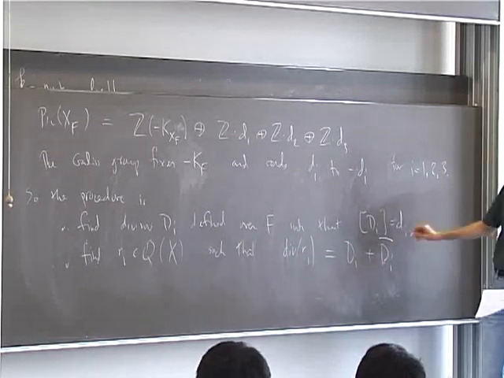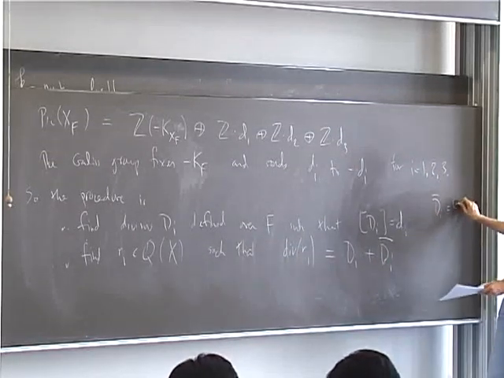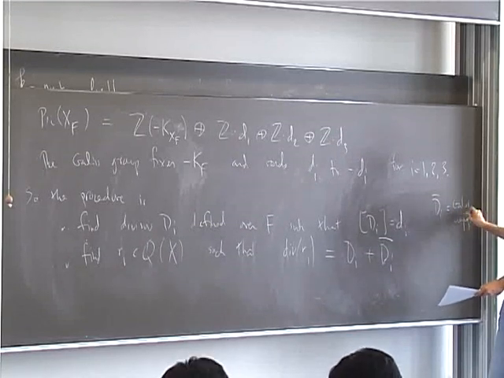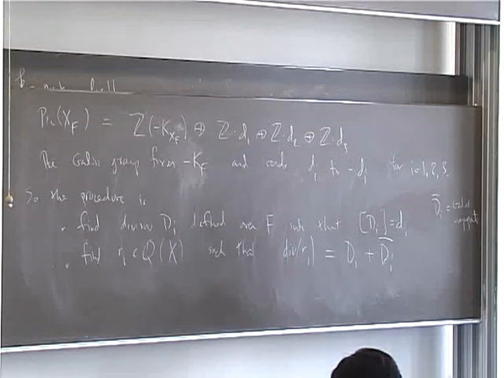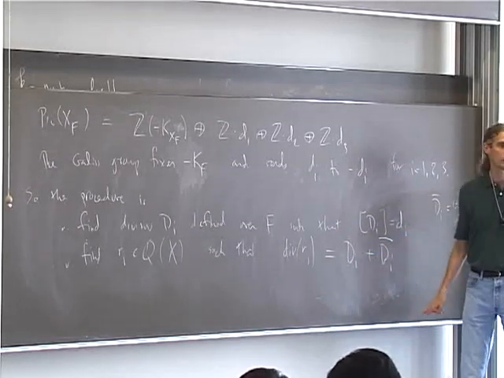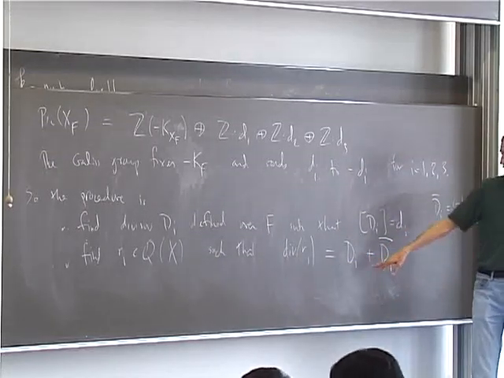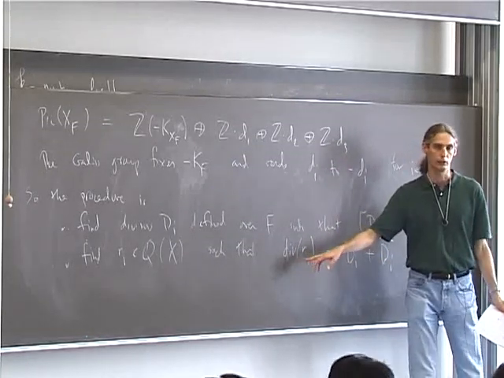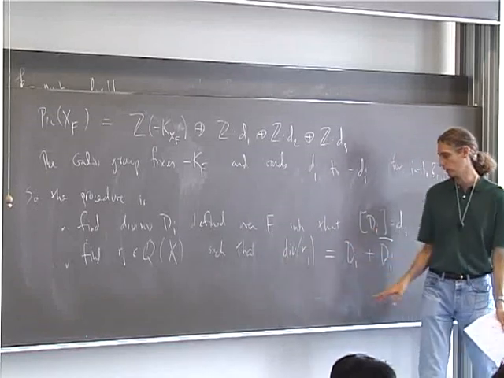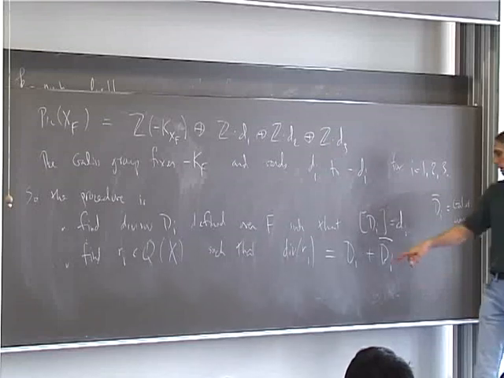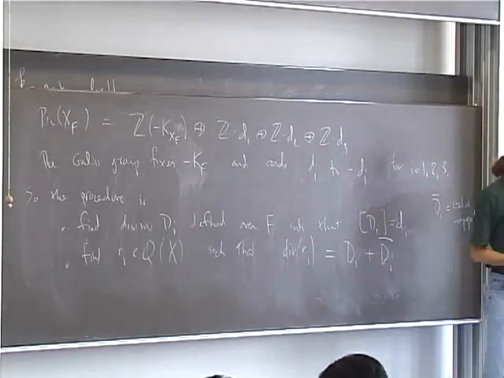So let me use this notation, Galois conjugate. So this has class little di, this has class minus little di. So this, as is always the case for the divisor associated to a rational function, is something whose class in the Picard group is 0, but we want it to be this divisor.